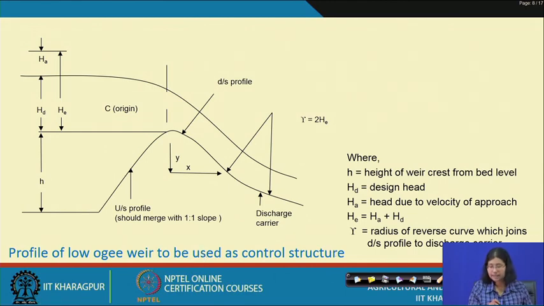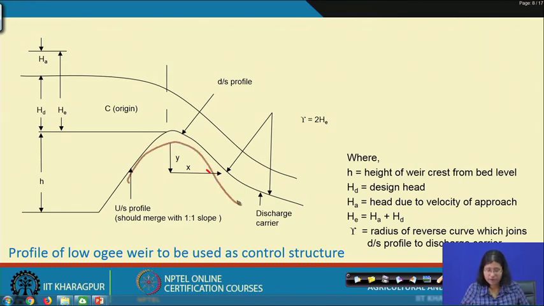Here h is the height of the crest from the bed level, as we explained also in the design of the ogee spillway. Hd is again the design head, Ha is the velocity of approach. So, He is a combination of Hd and Ha, and this is the downstream profile here.